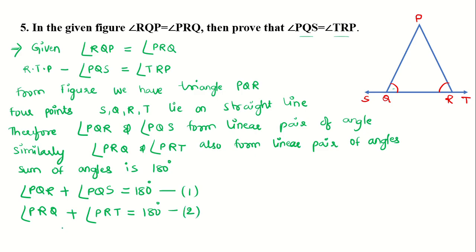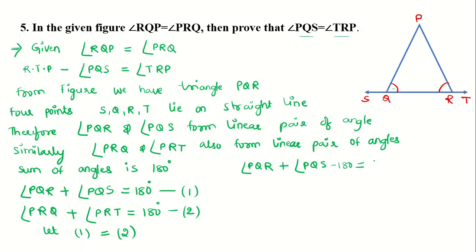Now, you need to subtract equation 2 from equation 1. Sorry, you need to equate both these equations. Let equation 1 equal equation 2. The first equation is PQR plus PQS. If you take this 180 to your left side, it will be minus 180, right?